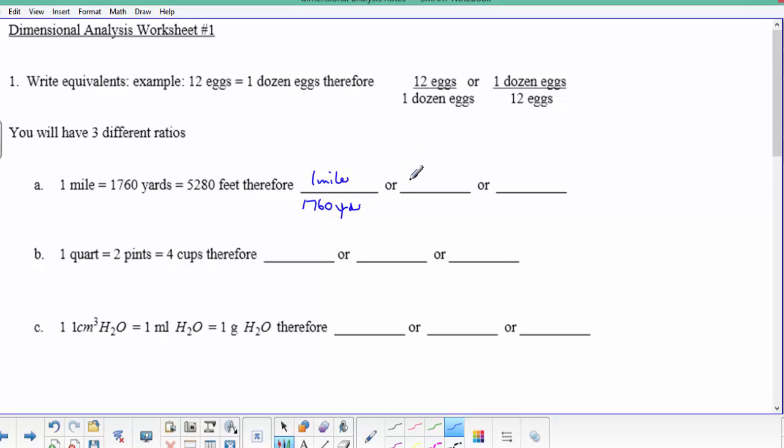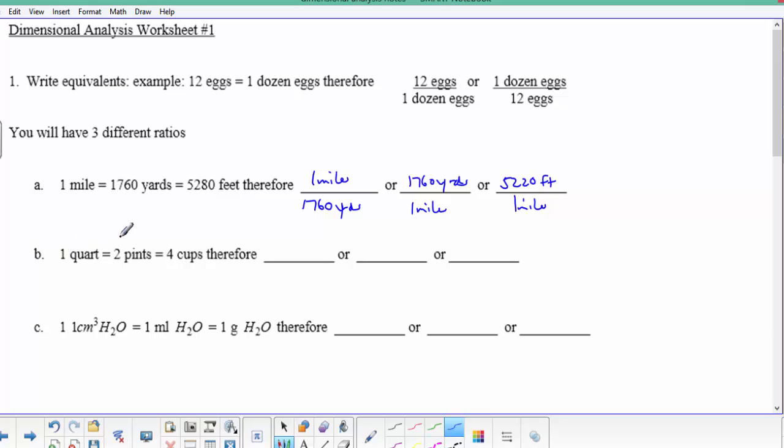We also know that 1,760 yards is equal to 1 mile. Therefore, we can say that also 5,280 feet is equivalent to the mile.